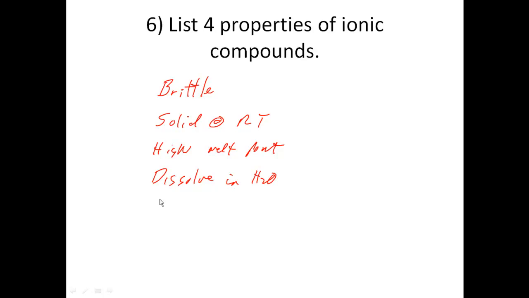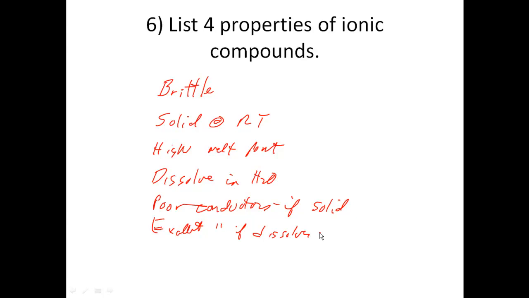We said that they are poor conductors if they are solid. And they're excellent conductors if dissolved, or if they've been heated up to the point where they are a liquid, if they're in their molten form, which has to be extremely hot, by the way.